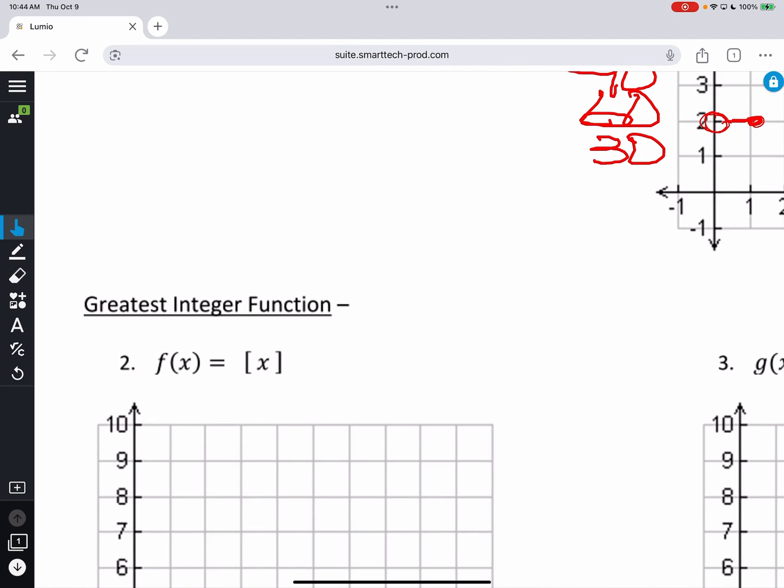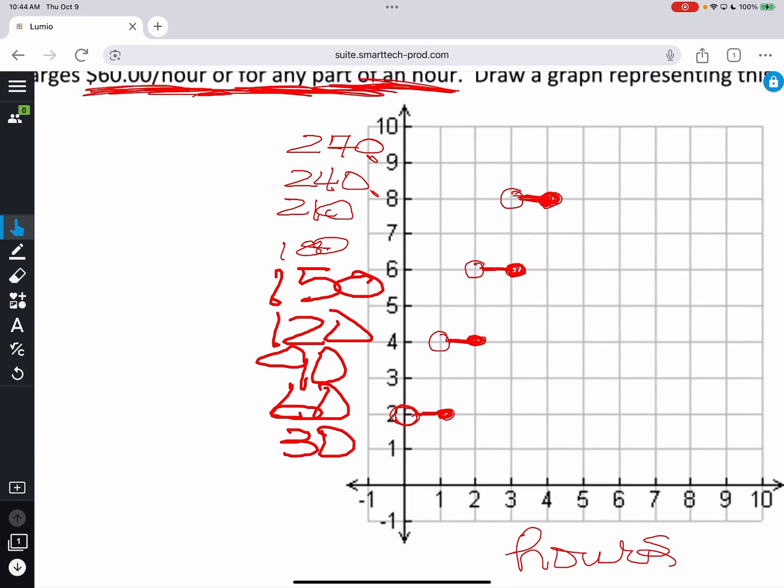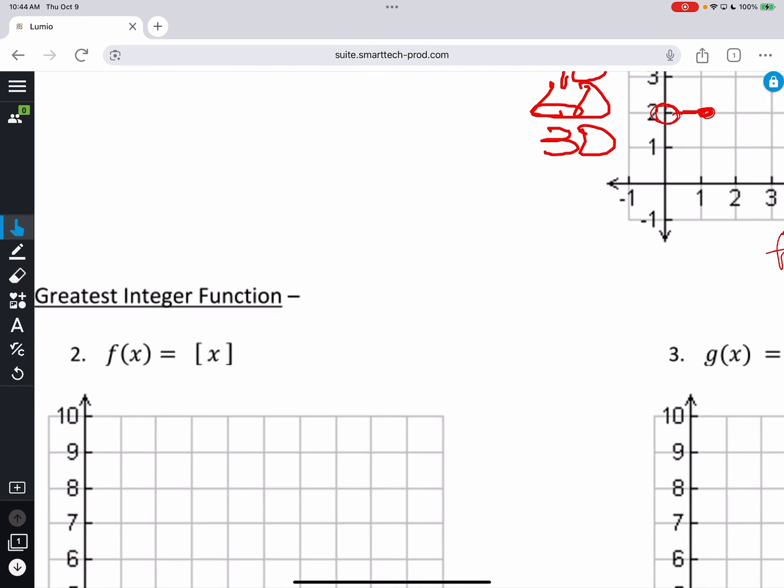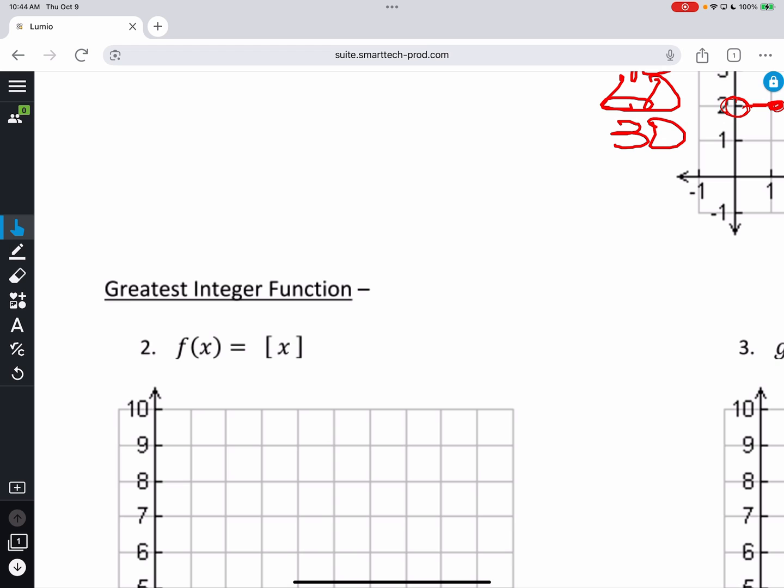Greatest integer function. This is still a step function. In other words, we're going to have a graph that looks like this with these little stair steps. But with the greatest integer function, what kind of number are we going to use?